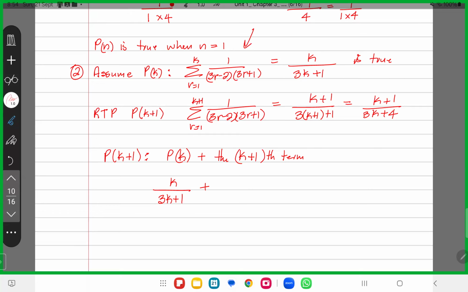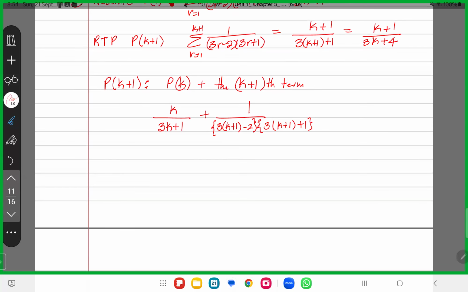From the general term, when r is equal to k plus 1, we get 1 over 3 times k plus 1 minus 2, multiplied by 3 times k plus 1 plus 1.